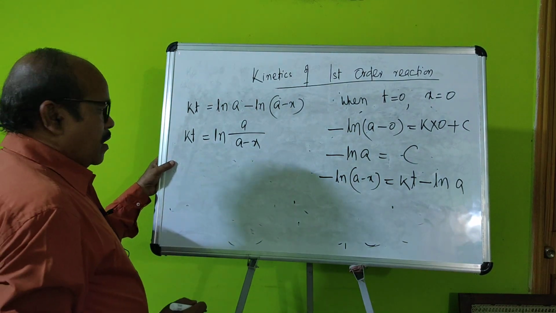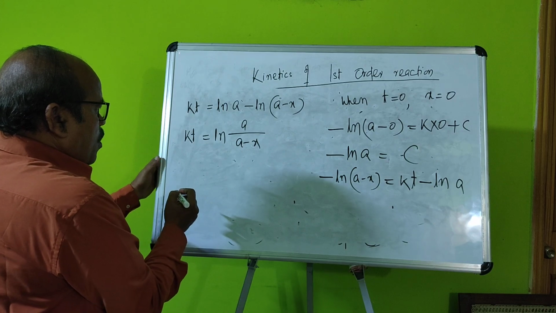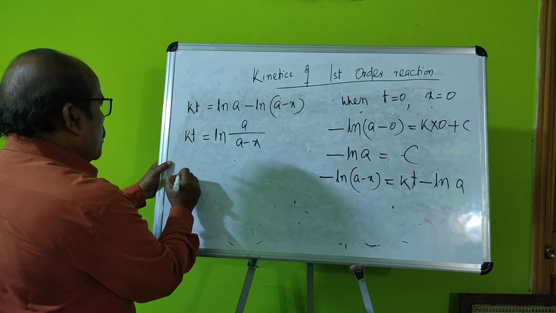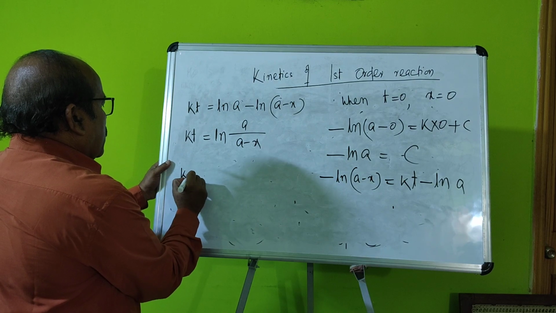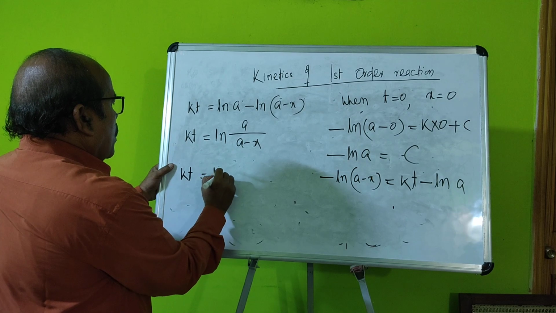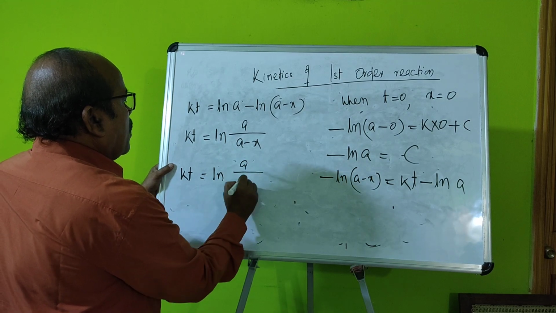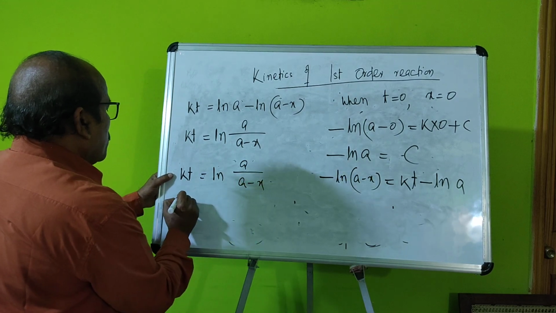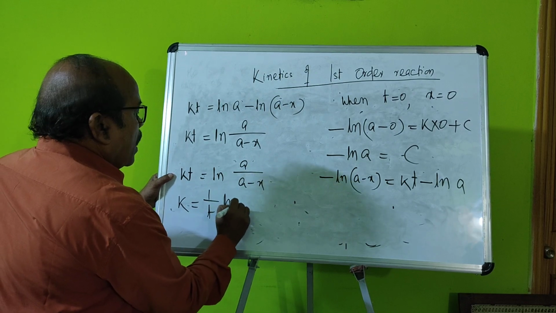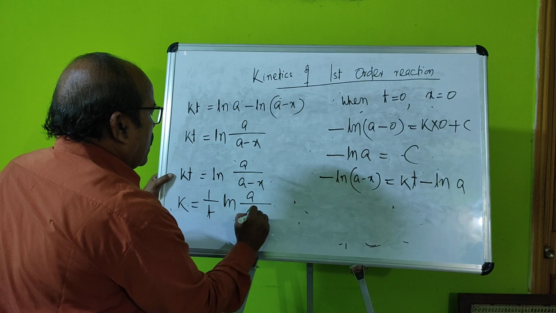Converting ln into logarithm table which we are using in the book, kt is equal to ln a by a minus x. K is equal to 1 by t ln a by a minus x.